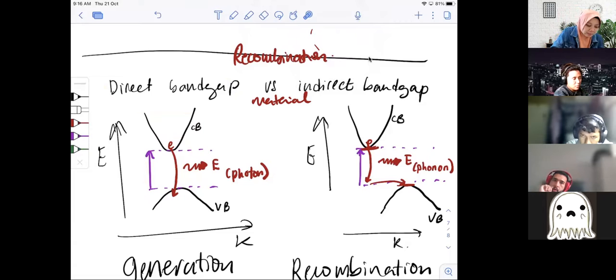But for indirect band gap material, if you have recombination, it will also release energy, but not in terms of light, because there's a change in momentum here. It is in terms of phonon. Phonon is a heat particle, H-E-A-T. So indirect band gap recombination releases heat, direct band gap material releases light.